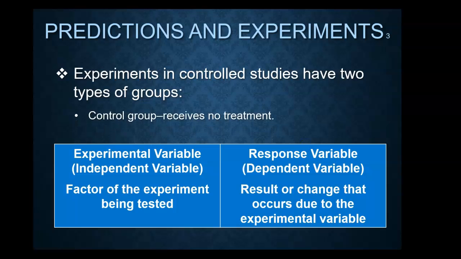The control group, remember, gets everything done to it exactly, except it receives none of the treatment, and then the experimental group will receive the treatment. So again, the control group is most likely going to receive the placebo, and the experimental group will receive whatever that treatment is.